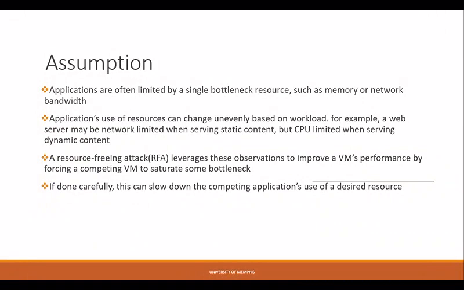For example, if an application's bottleneck is the network, increasing the network will make the application faster. In the same way, if another application is CPU bottlenecked and you are able to increase the bottleneck resource, you will be able to make the application faster. So here we assume that every application has only one bottleneck resource.